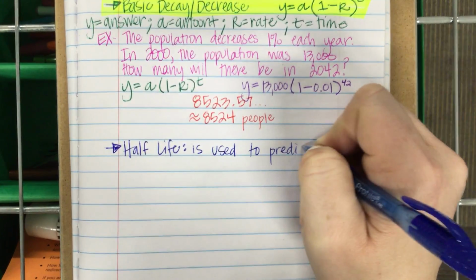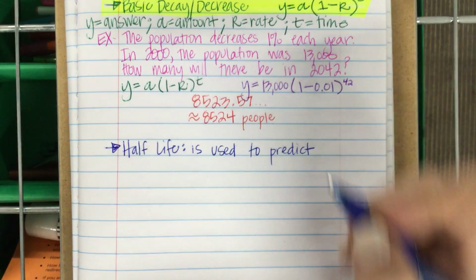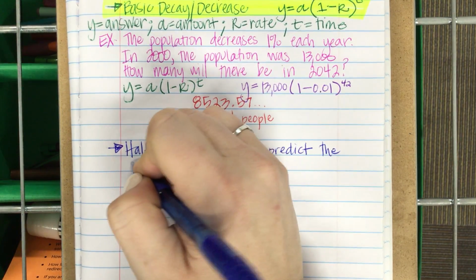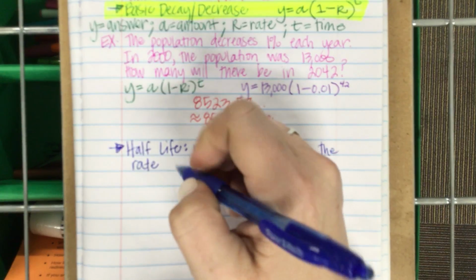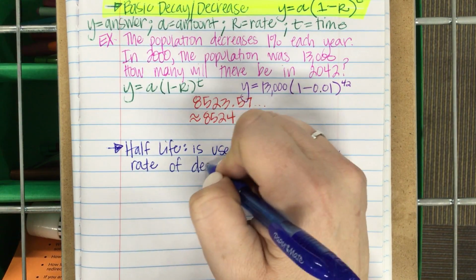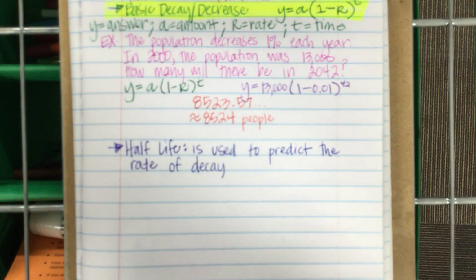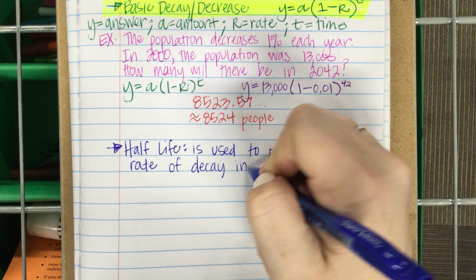So half-life is used to predict the rate of decay in a substance.